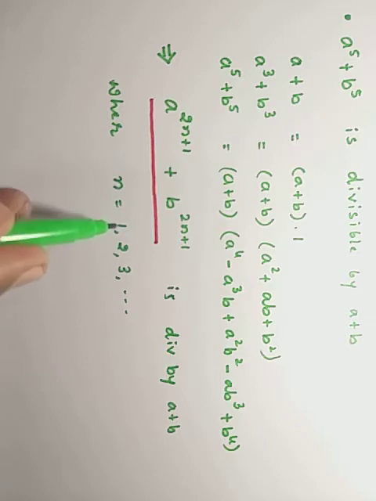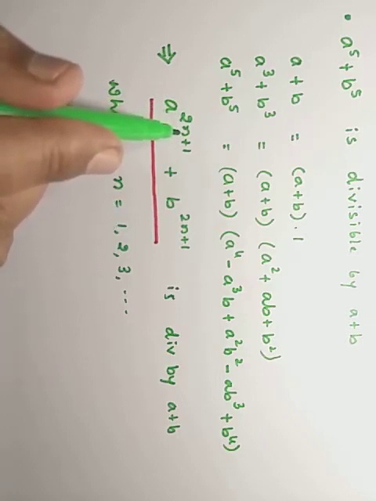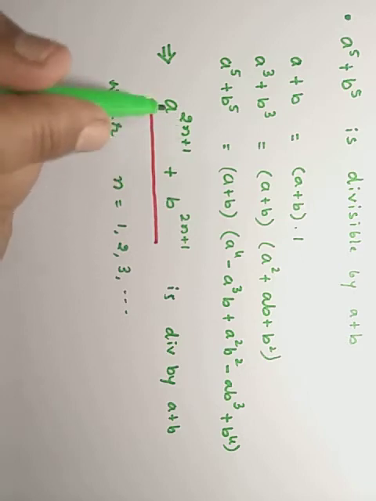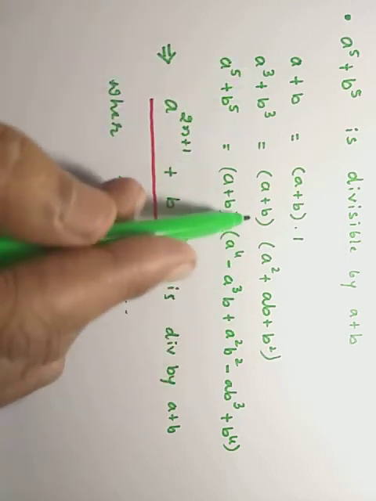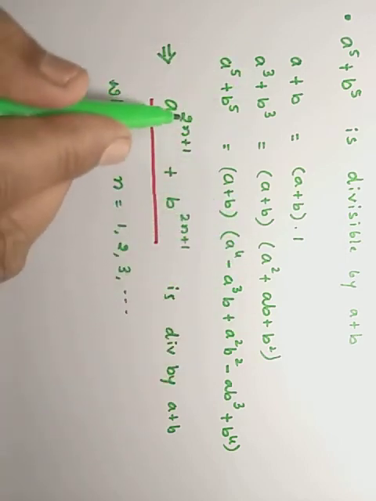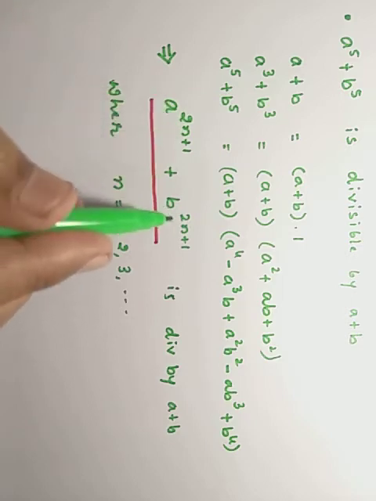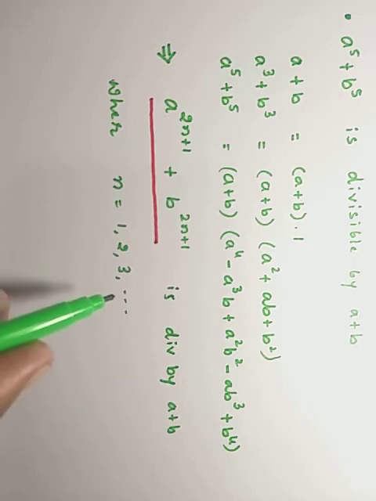Supposing you take 1, it becomes 2 into 1 plus 1, that is 3. A cube plus B cube it becomes, and it is divisible by A plus B. If you take for example 0 also, it becomes A to the power 1 plus B to the power 1, that is again divisible by A plus B.